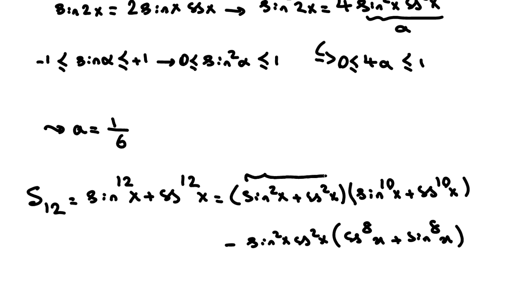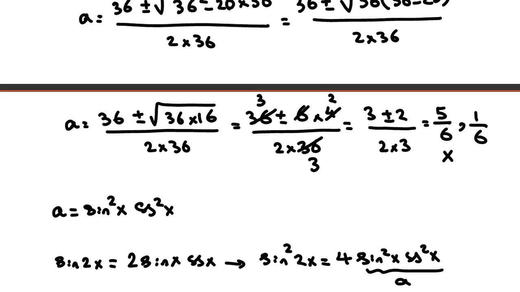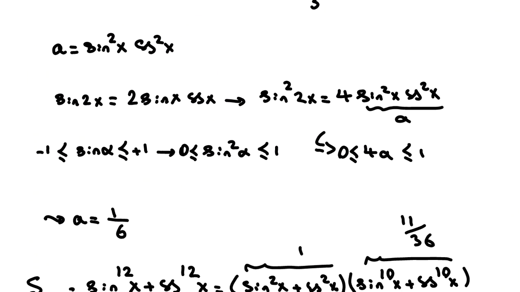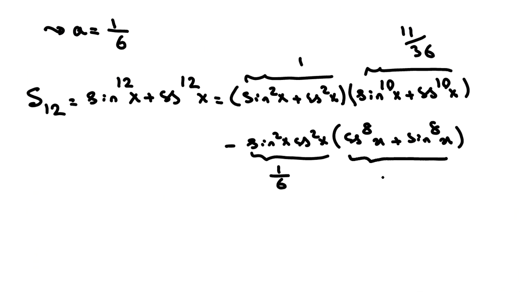We know this one is 1 from the assumption of the problem. This one is 11 over 36. This one is a, which is 1 over 6. And sine 8x plus cos 8x, S8, was 2a squared minus 4a plus 1.